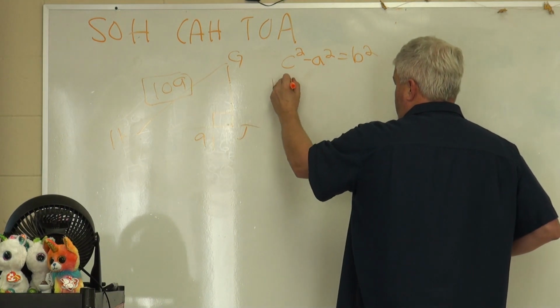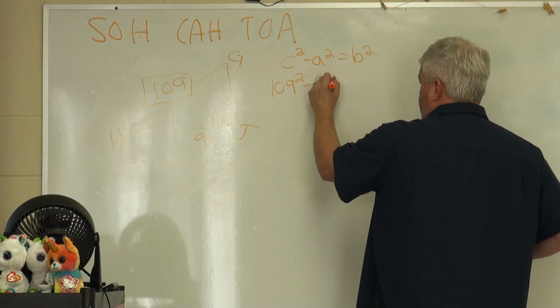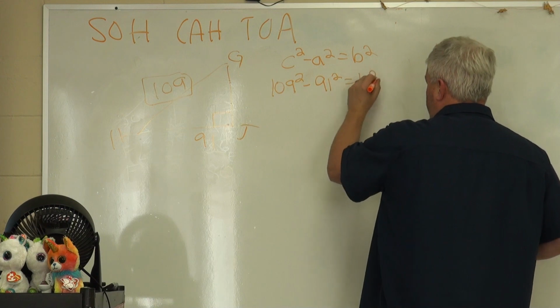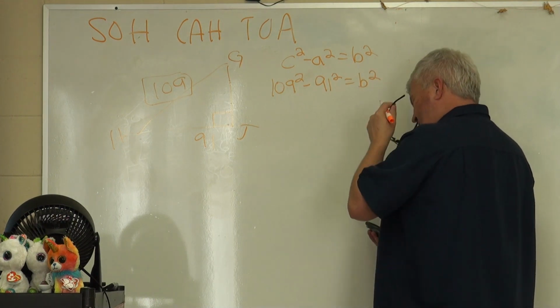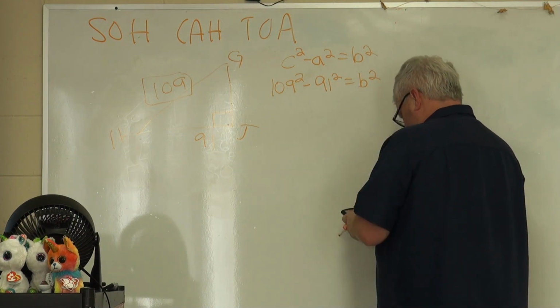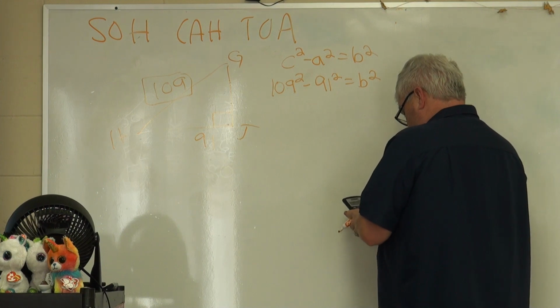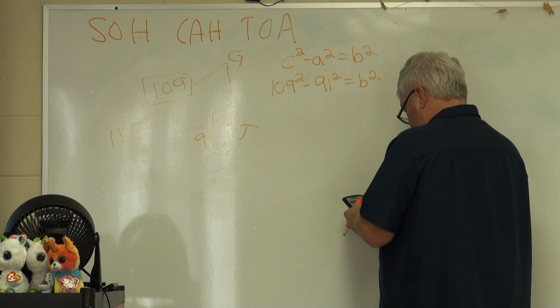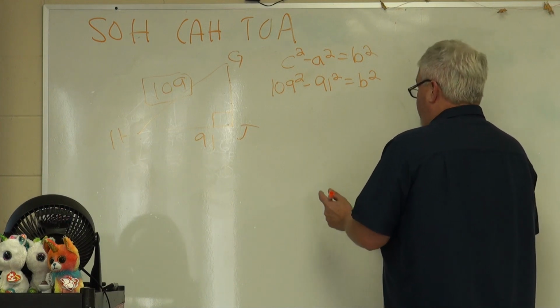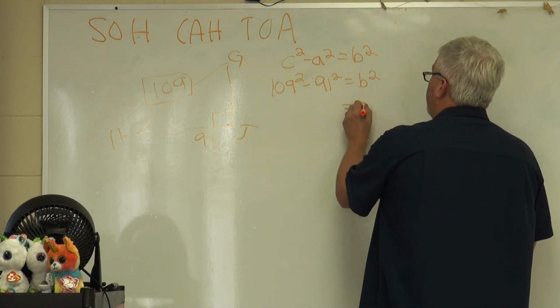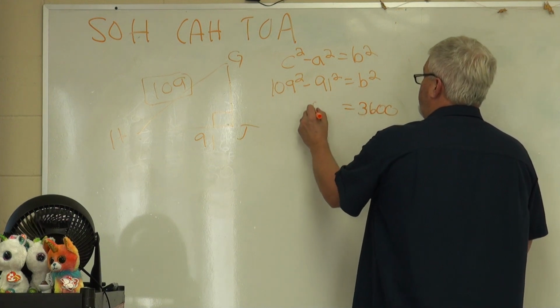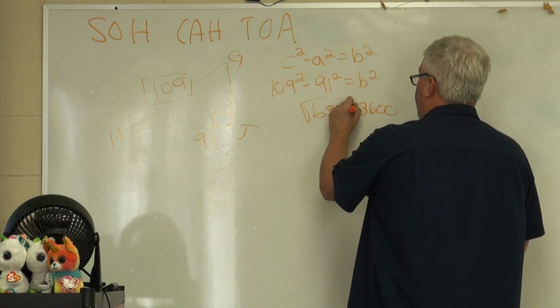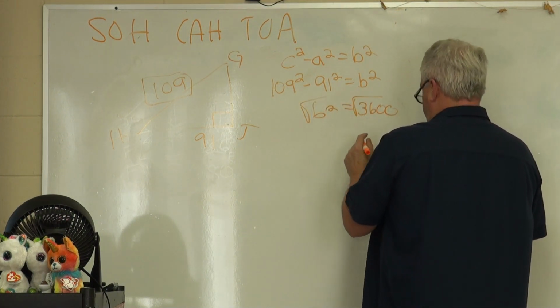So it's 109 squared minus 91 squared equals b squared. Okay? And let's see what that gives me. 109 squared minus 91 squared is 3600 equals b squared. So now I square root that, and that's 60, I believe.